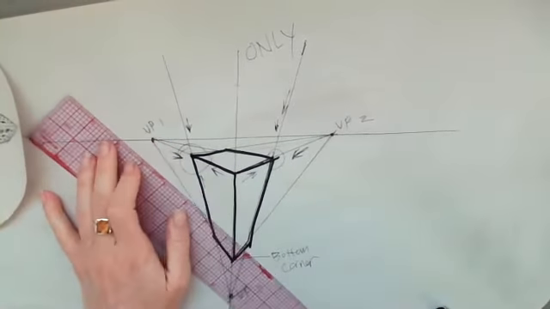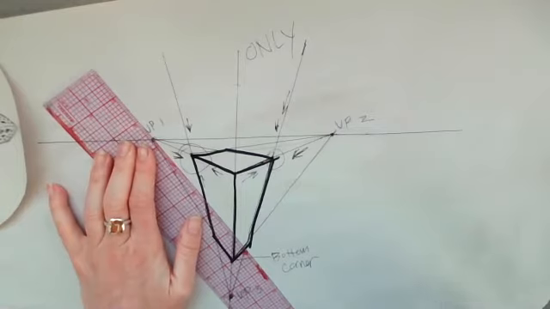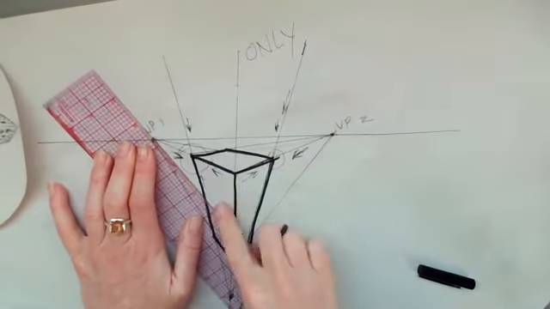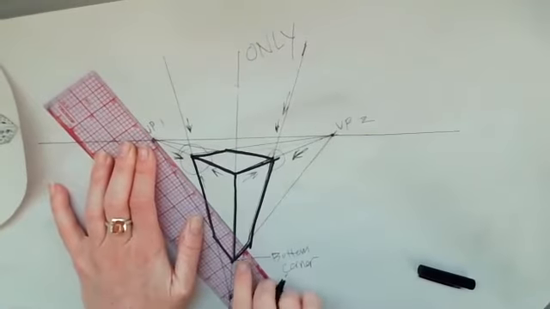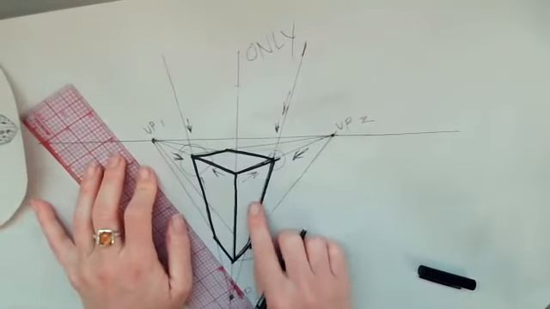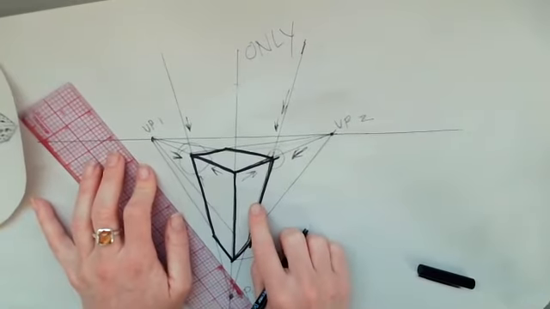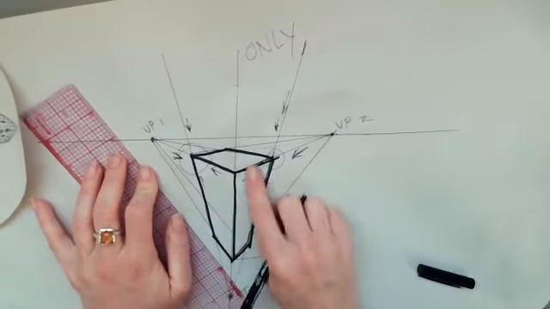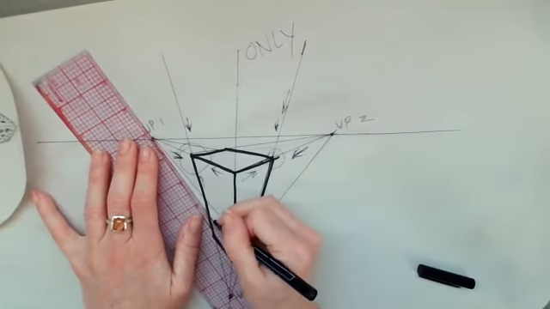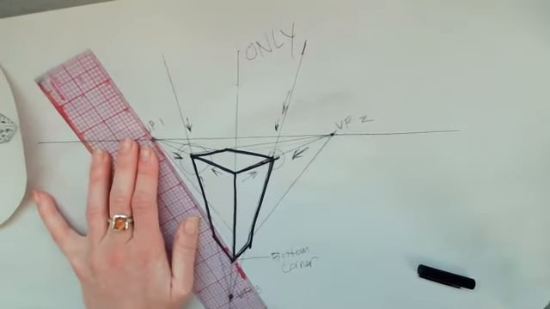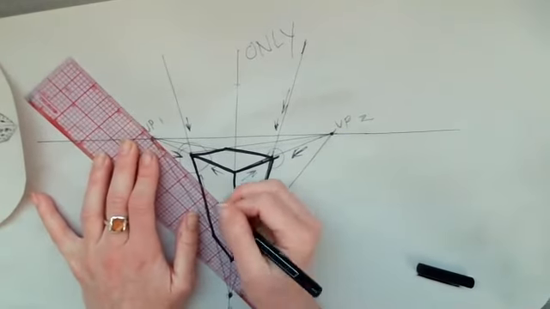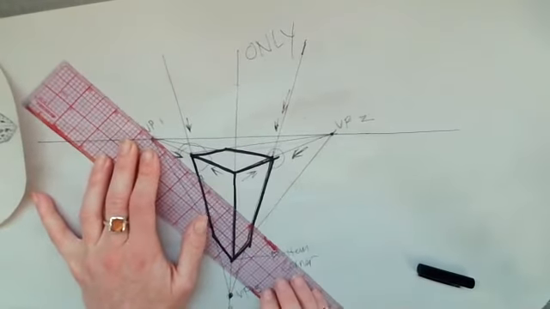You can just connect this vanishing point 1 to vanishing point 3's vertical line. Don't cross over into this section of the building, right? That wouldn't make any sense. So you'll just stop here, right down the middle. I know this is kind of tedious, you guys, but this is going to train your brain on how to see things in perspective. That's going to really shape how you draw from here on out.